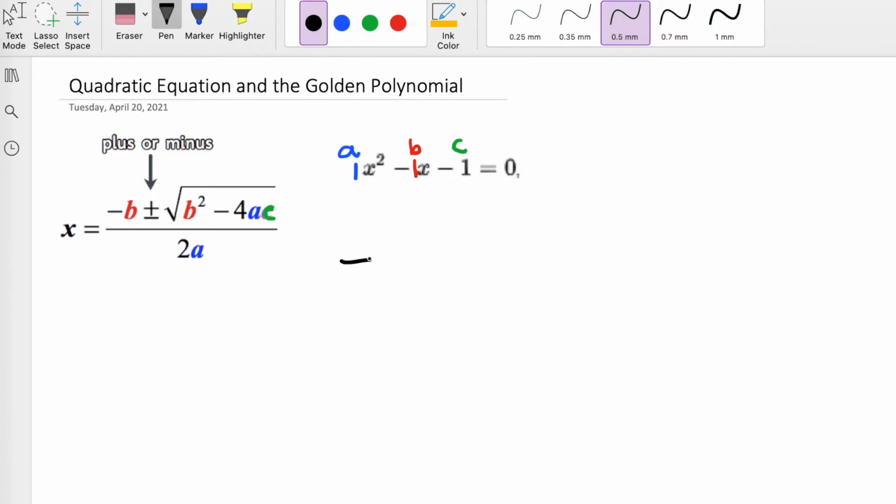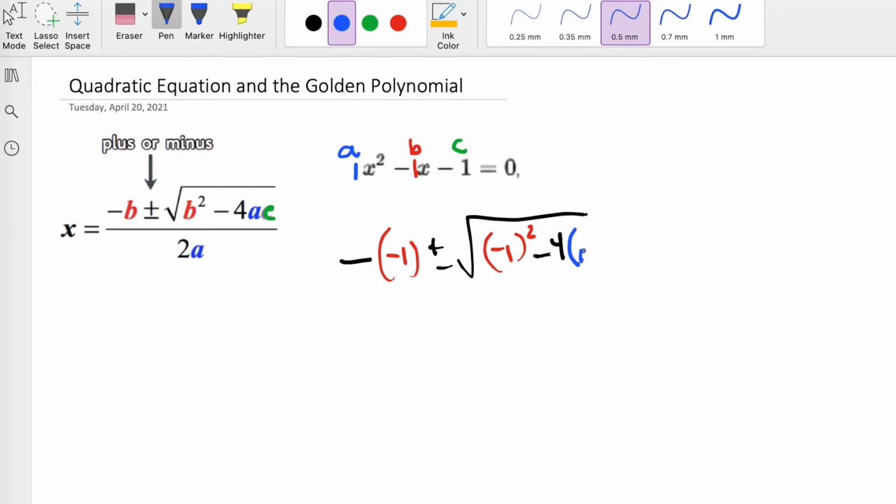We're going to say negative of the -1, the b value, plus or minus the square root of b squared, so -1 is what b is, so -1 squared, minus 4 times the a value, which is 1, times the c value, which is -1. And all of it over 2 times the a value.